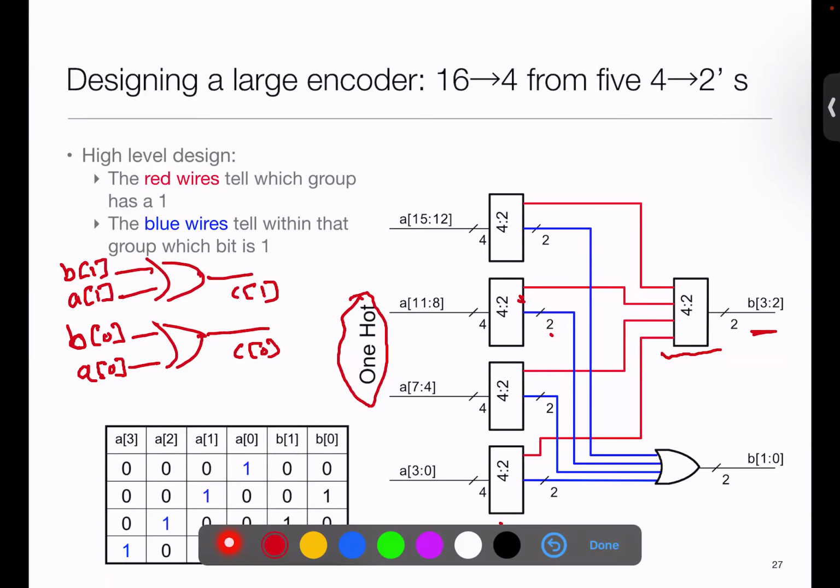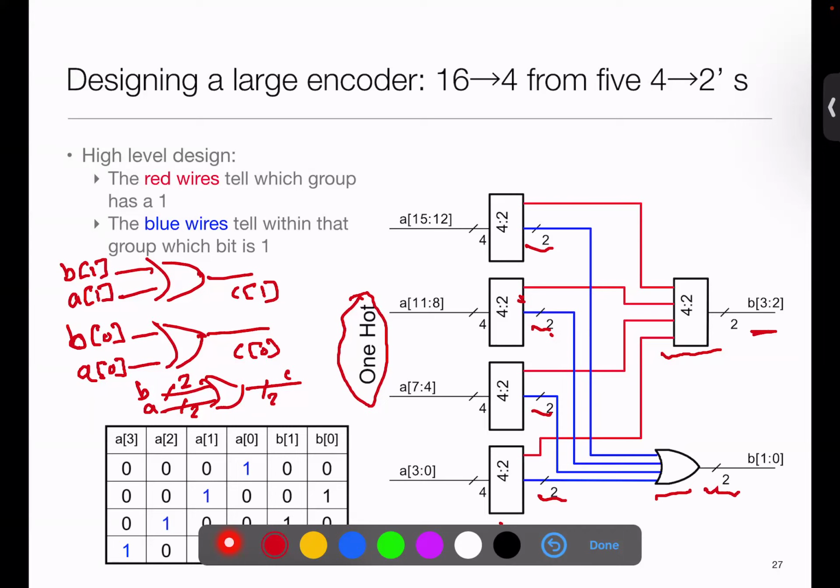This gets very clumsy if I have lots of bits. So oftentimes we write it like this. So that's what you're seeing out here. You're seeing 2 bits here, 2 bits here, 2 bits here, 2 bits here, 2 bits here. So what it is really saying is that this OR gate is really 2 OR gates. One of them is ORing the bit number 0 for all the inputs and producing bit number 0 of the output, and the other one is producing the other bits.